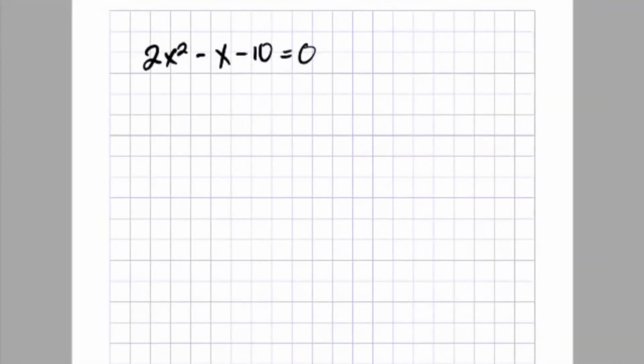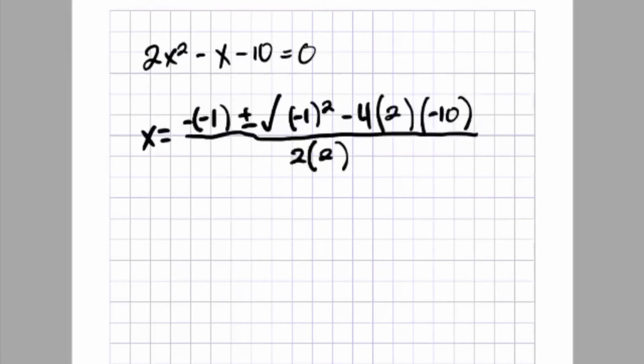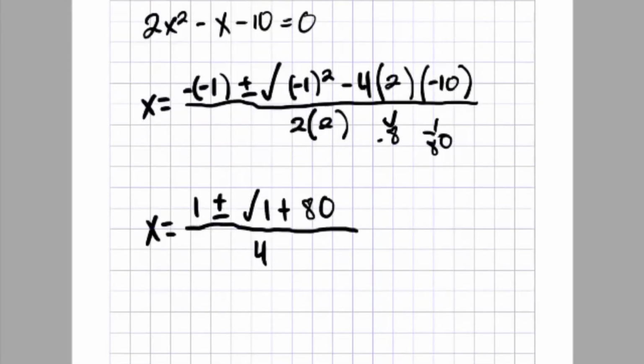Just like earlier at the first example, we need to make sure that the equation is in standard form. Since it is already in standard form, we just need to follow the formula given earlier and simplify. Negative 4 times 2, negative 8 times negative 10 is positive 80. At this point, we just need to add the 1 to 80.